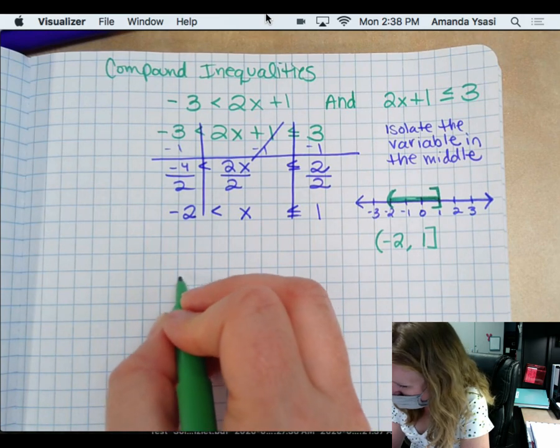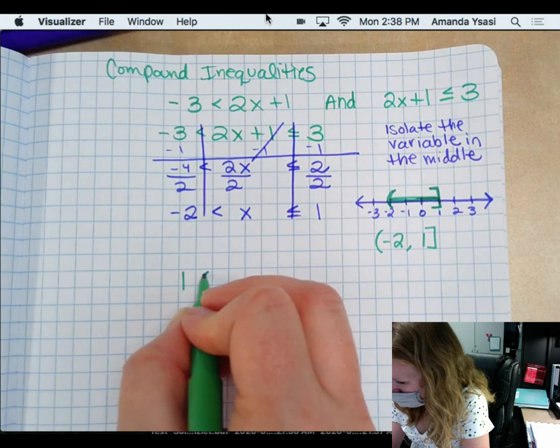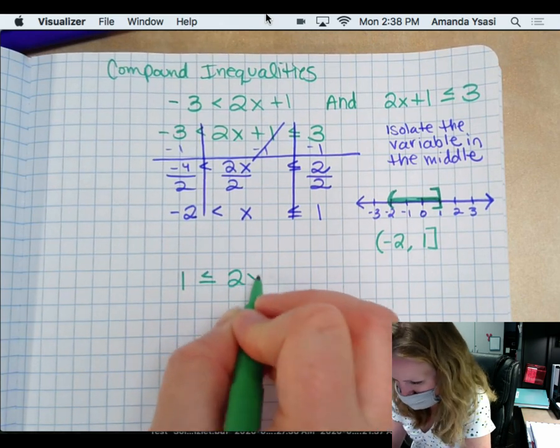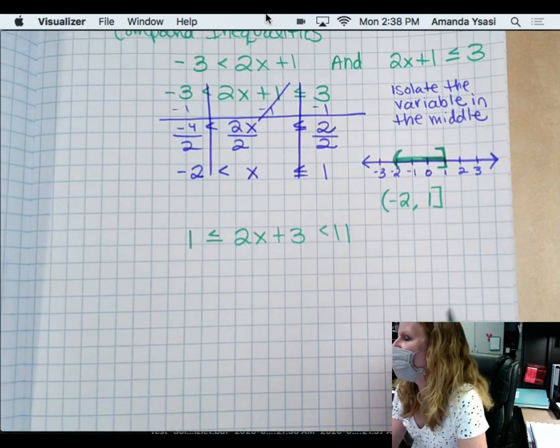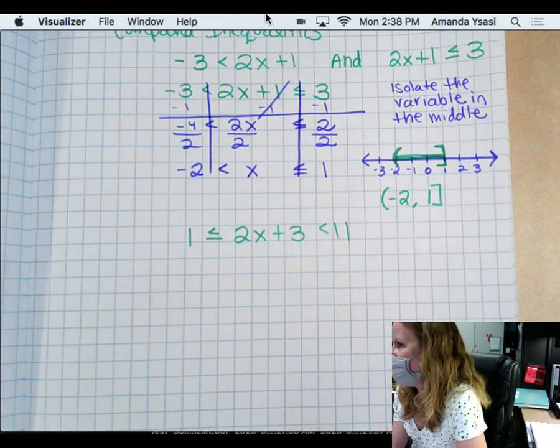Okay, let's do another one where it's already set up like a compound inequality. I have 1 is less than or equal to 2x plus 3 is less than 11.